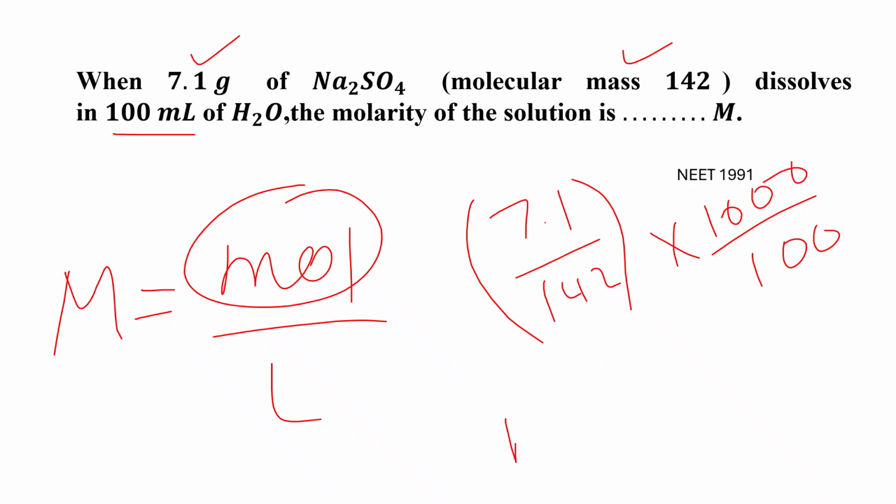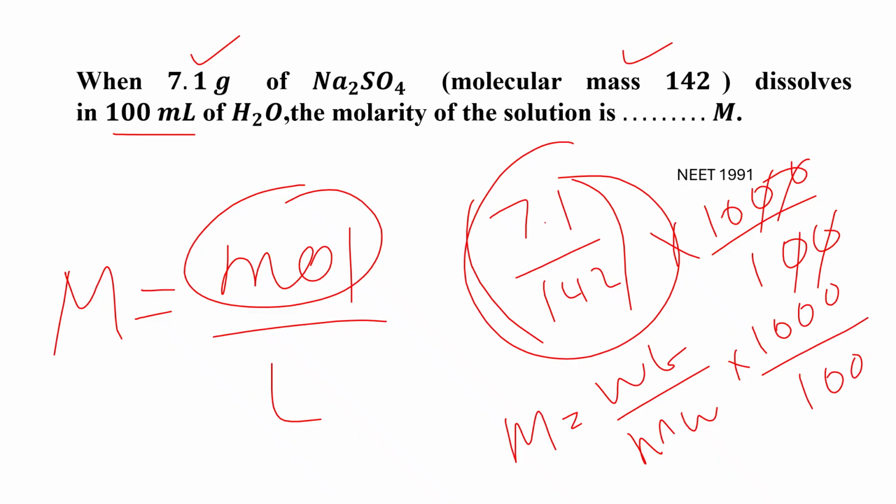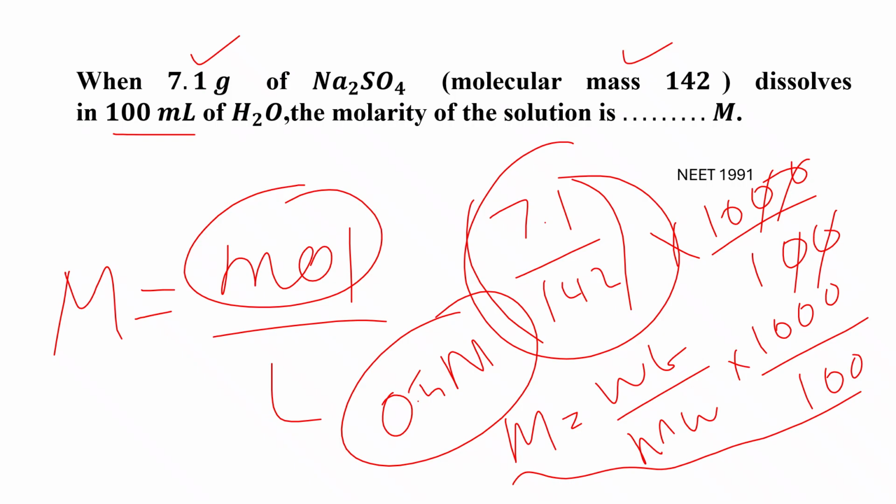Molarity is equal to given weight divided by molecular weight, multiplied by 1000 divided by the volume we are going to prepare, 100 ml. If you solve this, you will get around 0.5 molar. So the molarity of the solution is 0.5. Okay, this is the way to solve this question. This is one of the fundamental formulas.